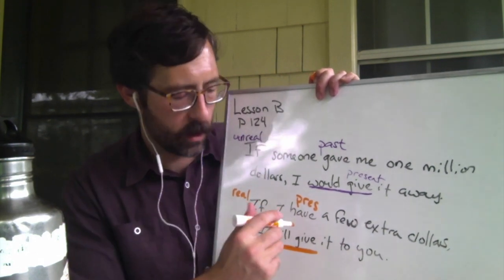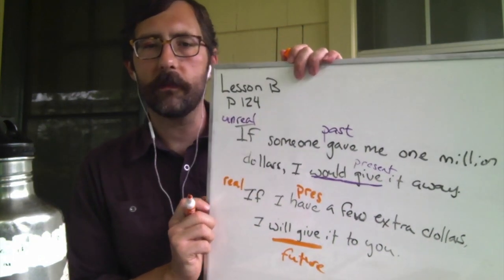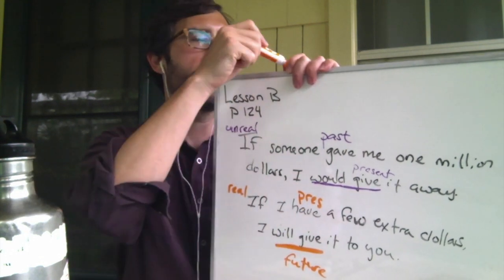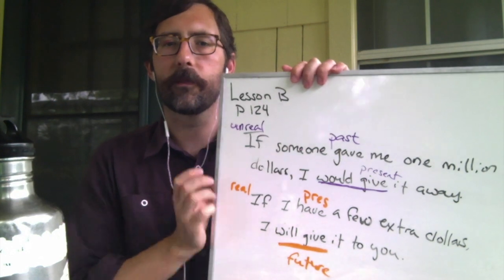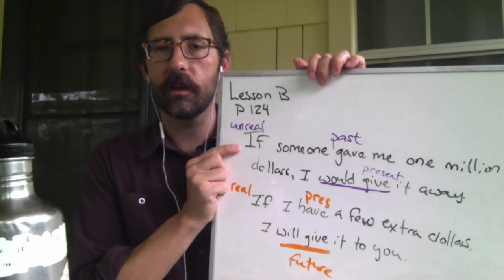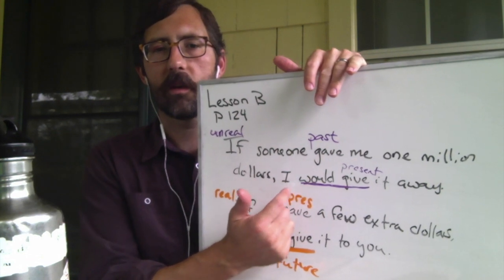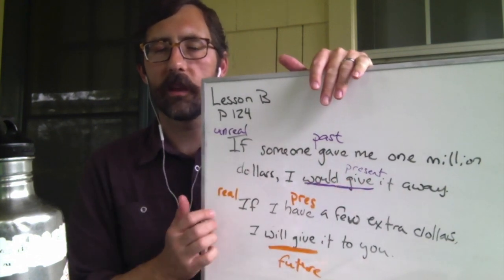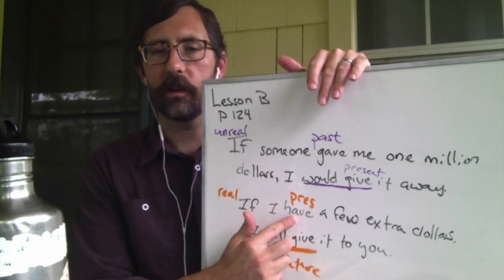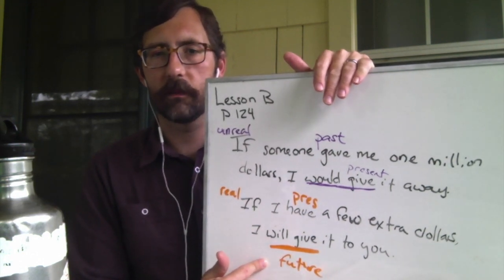And when we have will, we know that it is future. So, when we have the present unreal, the verb in the if clause is past, and then in the main clause, the effect clause, would plus the simple present. In the future real, present in the if clause, and then future in the main clause or the effect clause.